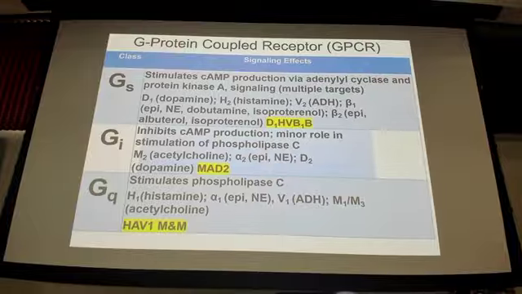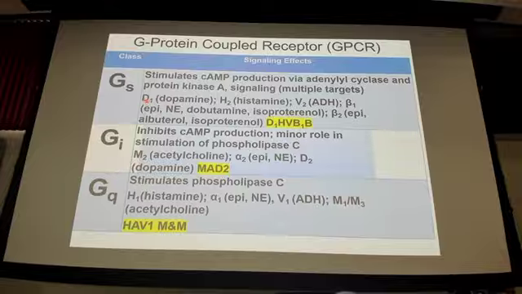And so here are the different types of G protein coupled receptors: G sub S, G sub I, and G sub Q. So G sub S stimulates cyclic AMP production via adenylyl cyclase and protein kinase A, and it's going to signal certain biological responses. G sub I inhibits cyclic AMP production, and then G sub Q stimulates phospholipase C. Now what I have here is all of the proteins.